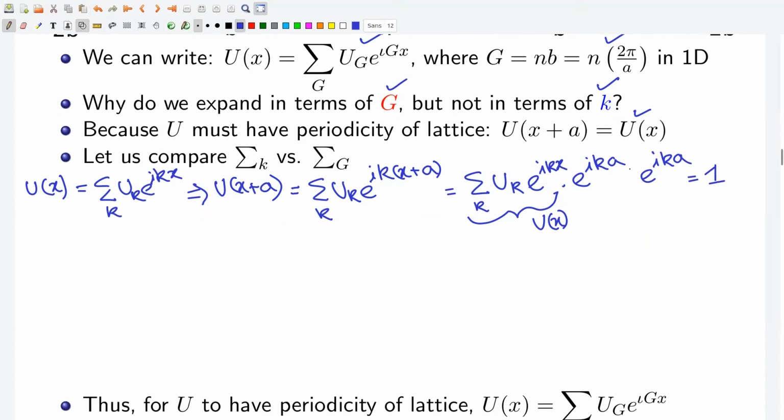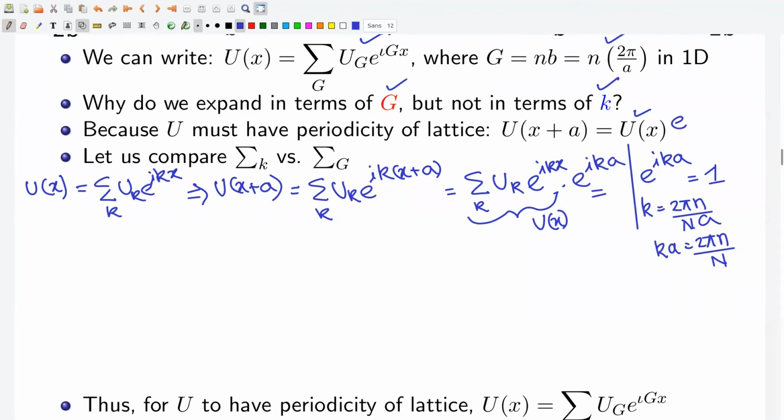Now, let us see whether we get this or not. We know that k is equal to 2 pi n divided by n times a. Thus, k times a is equal to 2 pi n divided by n. In that case, we see that e power i k a is not equal to 1.